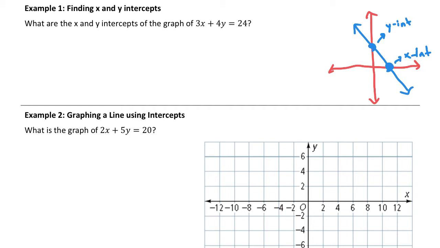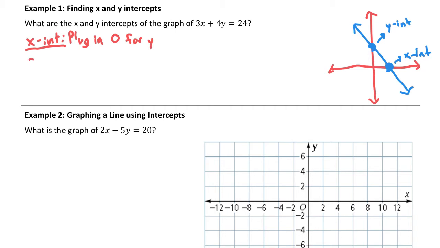So for us to find x and y intercepts, let's just first find the x-intercept. I'll go through the process of that. So to find the x-intercept, you plug in 0 for y to this equation.